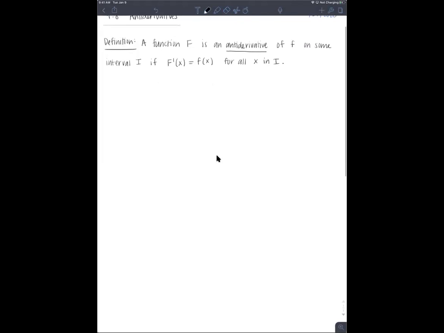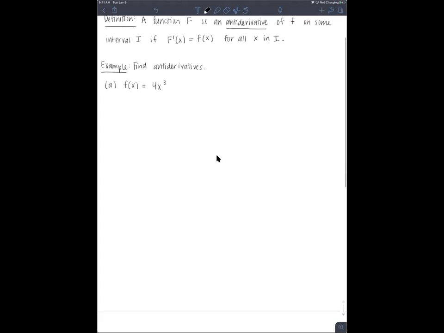So let's do some examples. So let's find the antiderivatives. And so the first one we'll look at is little f is going to equal 4x cubed. And so I'm trying to find antiderivatives.